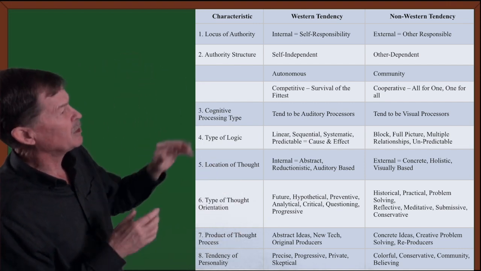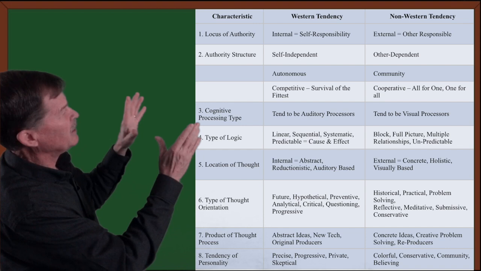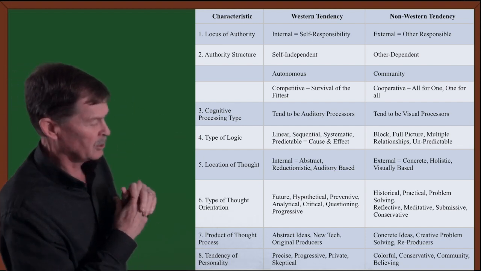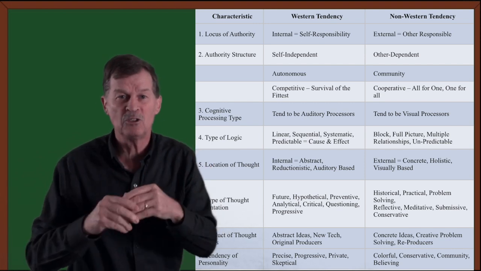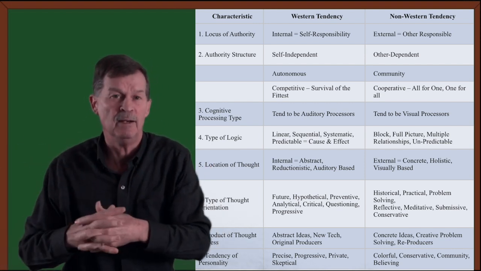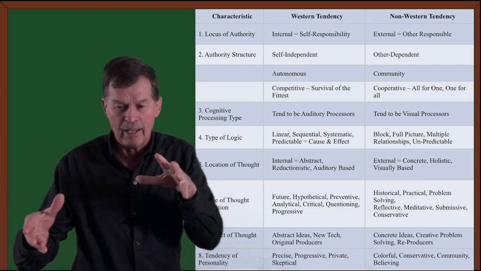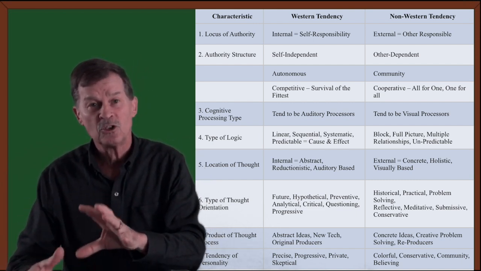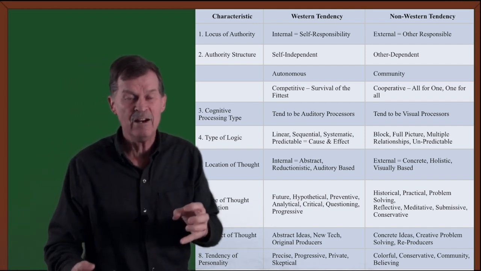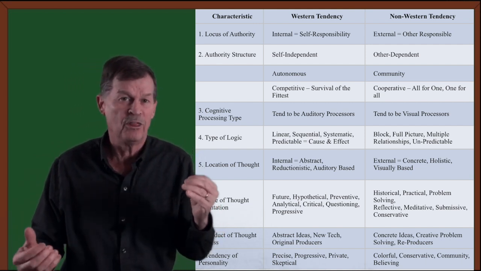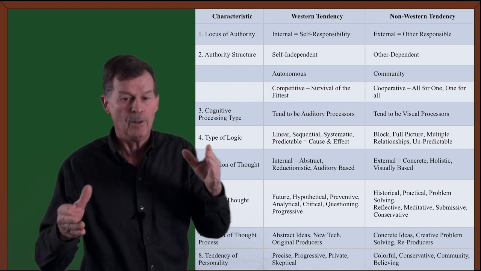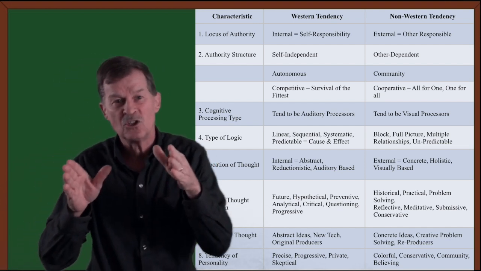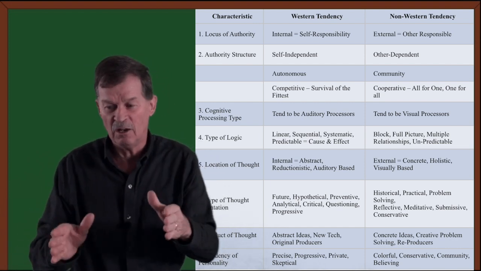Whereas in the non-Western, the locus of authority is external to them. So in other words, it's other responsible. It's the authority outside of them that they give allegiance to, and so it is not within their right or authority to be self-evaluating, to be self-adjusting, to be self-criticizing.